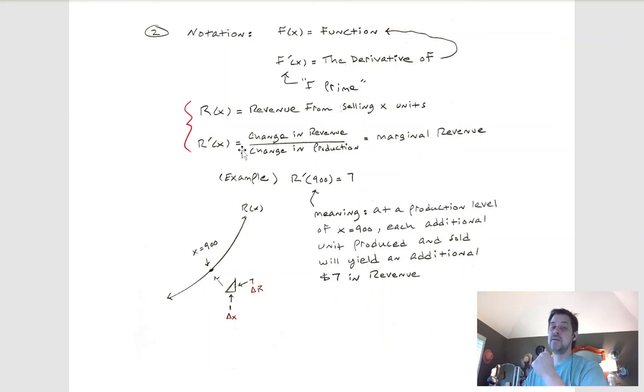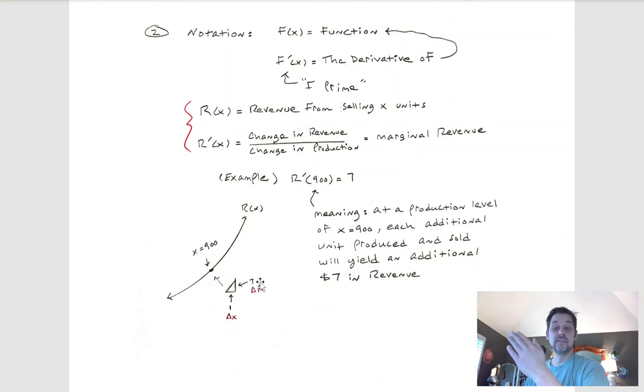So if I had the revenue curve, and I found that the derivative of the revenue function at the point on the curve where the production is 900 was 7, then that's telling me, basically, rise over run on the curve. Right there, the run is 1, so that's the change in production, and the rise is 7.